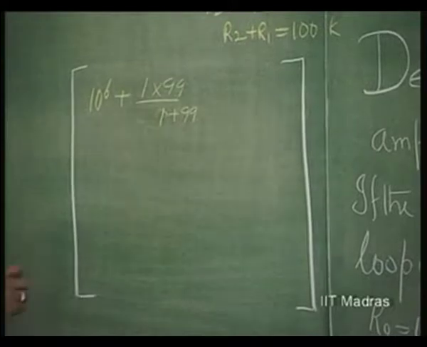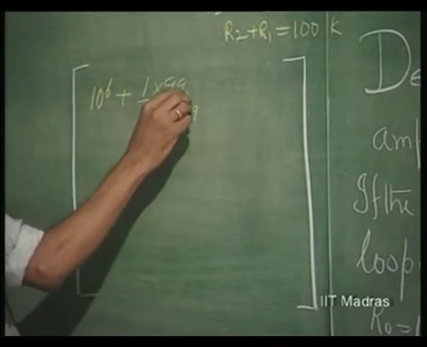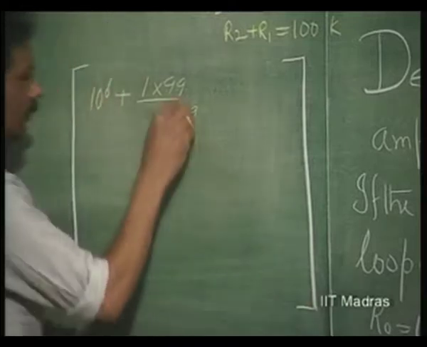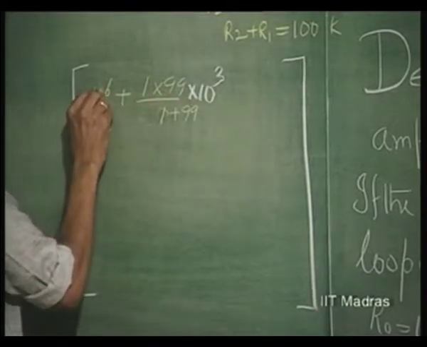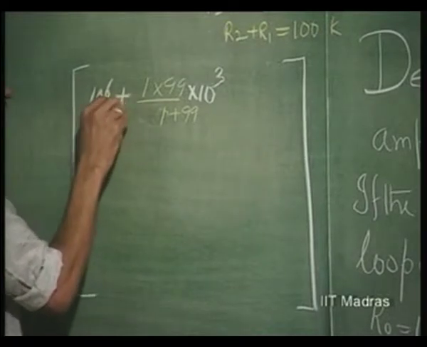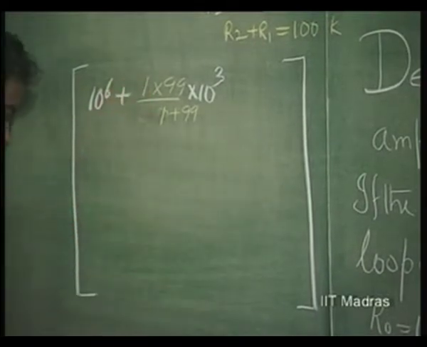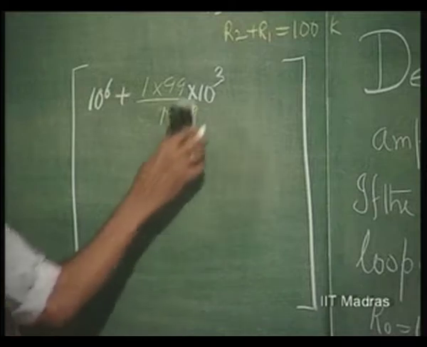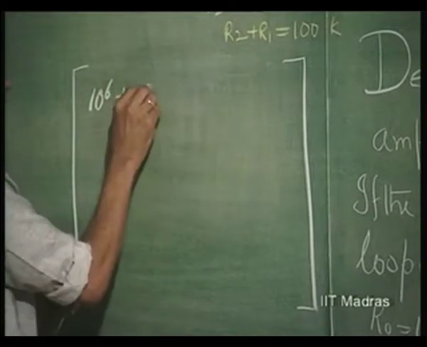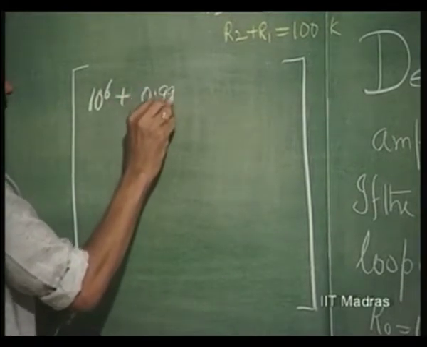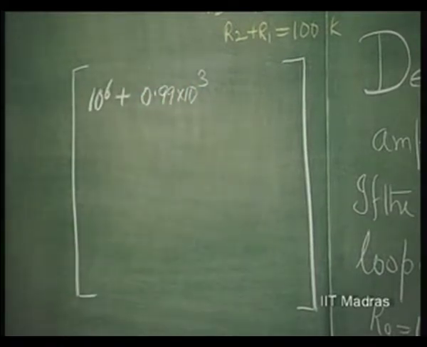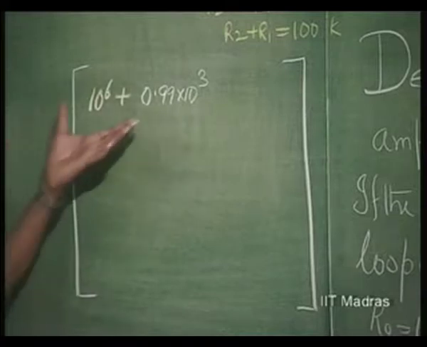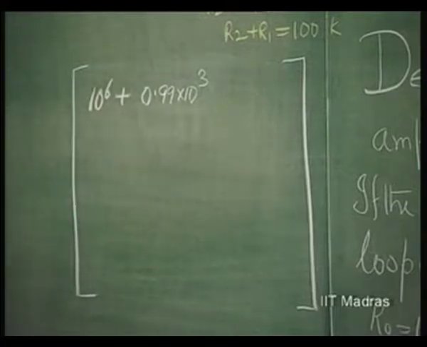So this is really speaking equal to 10 to the power 6 plus 0.99K.